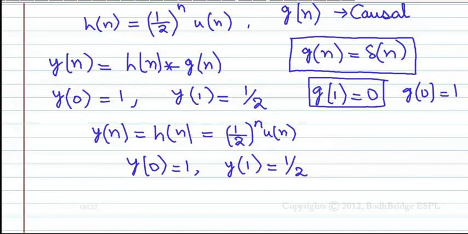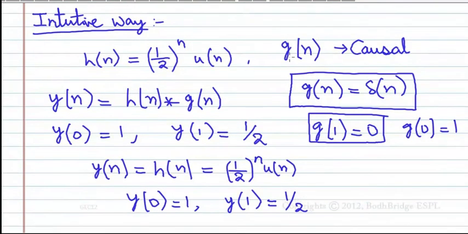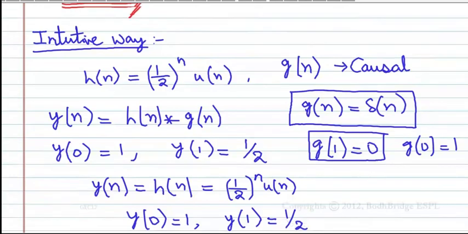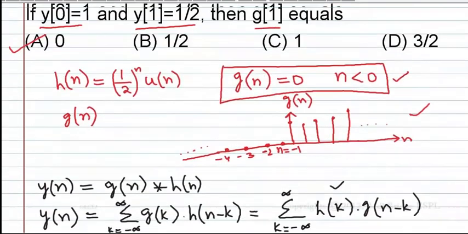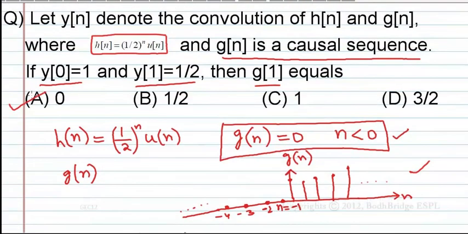This is just a guess which is working here. Why? From here I have noted this: 1 by 2 whole power 0, 1 by 2 whole power 1. From here I got an idea that if g of n is del of n, it may work. Therefore, it is working here. Therefore, y of 0 is 1, y of 1 is 1 by 2. Anyway, final answer is A.